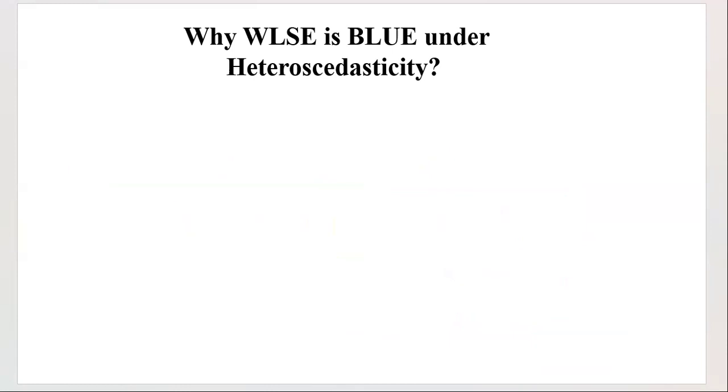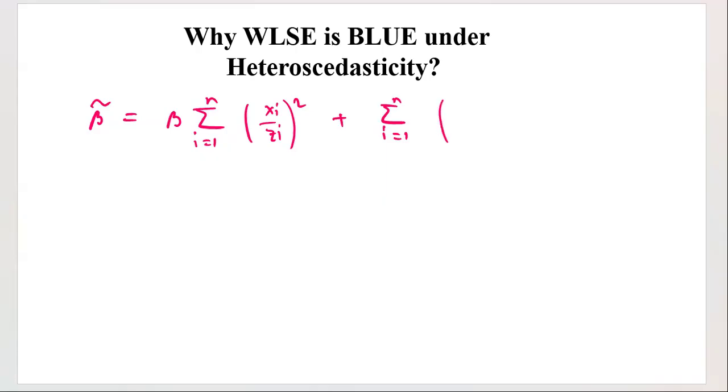Let me do it on the next page. So beta curl will come out to be, okay, let me write another step for you. Beta times summation i from 1 to n, xi upon zi whole square, and then you have summation i from 1 to n, xi upon zi times epsilon i upon zi, right?